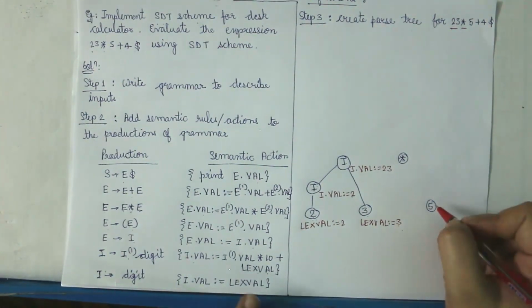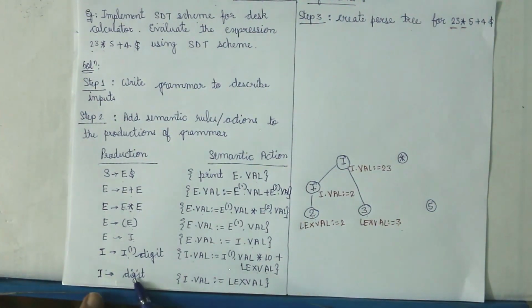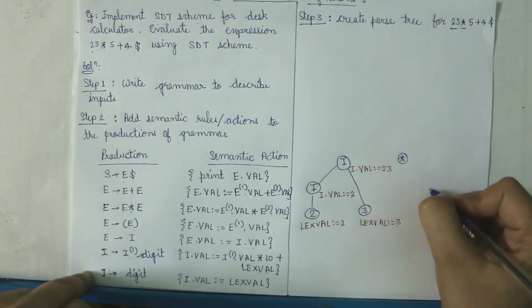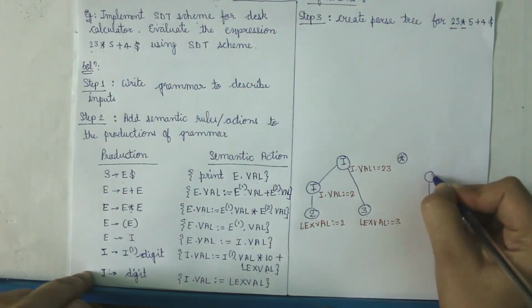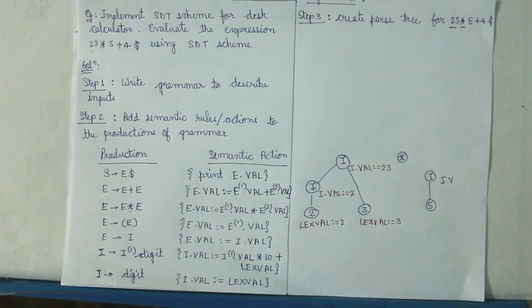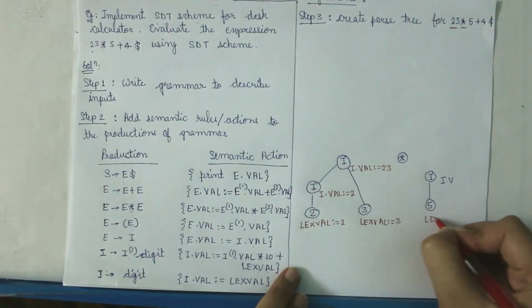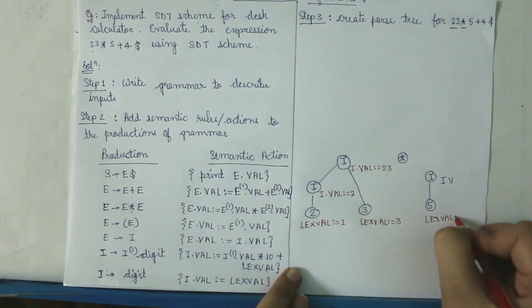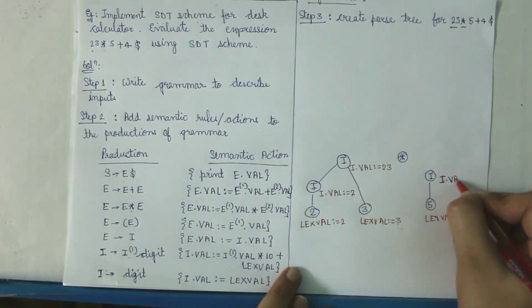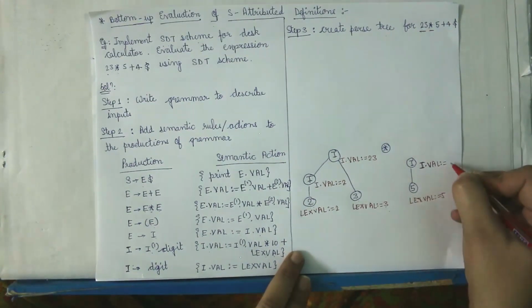After taking 5, again 5 is a digit. Digit becomes I. So 5 is a digit. Digit becomes I, and I.val needs to be calculated. So with 5, the lexical value of 5 is 5, and similarly the value of I will be this lexval, which is 5.